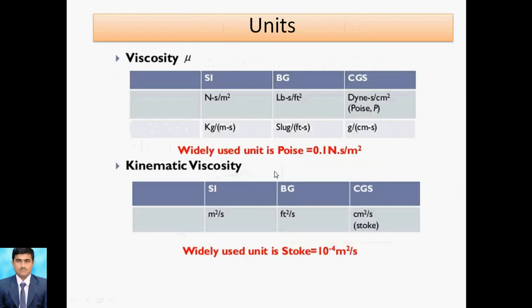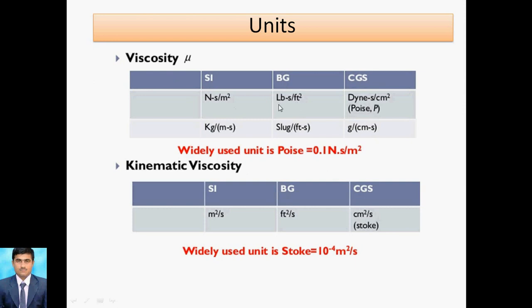Then we discuss here units. So lastly we will discuss the viscosity, that is dynamic viscosity. If you say only viscosity, that means dynamic viscosity, and the symbol is mu. The SI unit is Newton second per meter square, already we discussed.